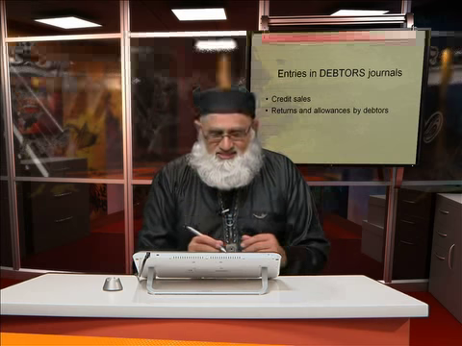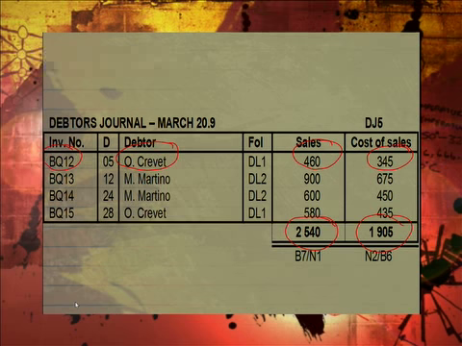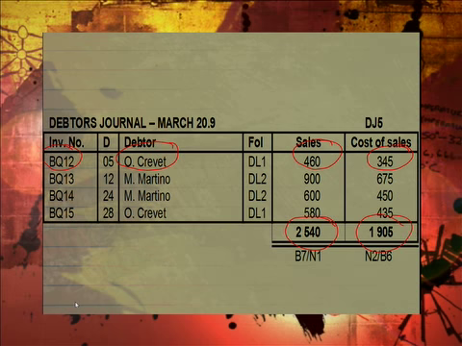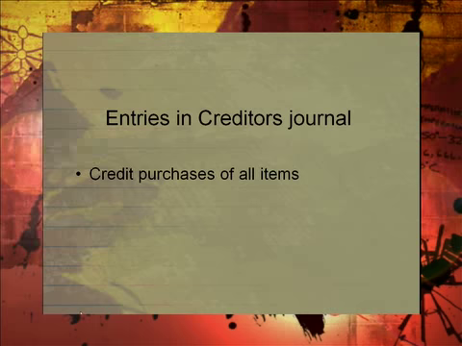Now watch this, guys, just to take you back to this slide here. In this slide here now, if there's an allowance, you will only record one entry. There will be no record of it because there's no physical return of goods. There is no record of the cost of sales component. Keep that at the back of your minds.